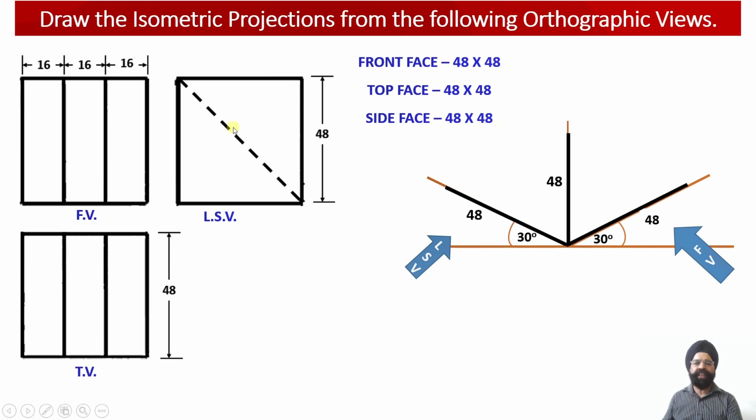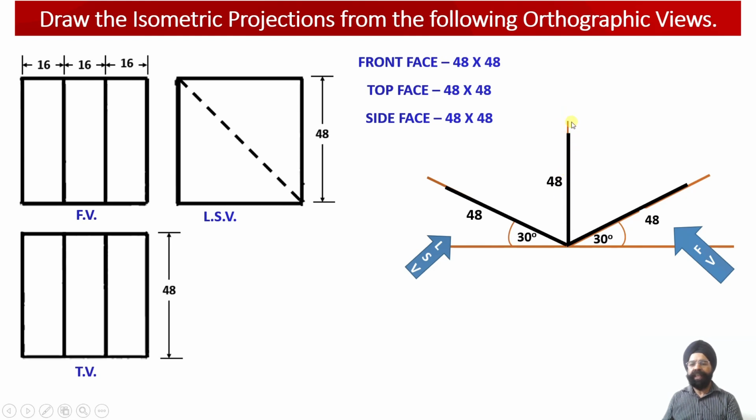Now since in this orthographic projection we have been provided with the left hand side view, which has been drawn on the right hand side of the front view, we have to observe the solid from the left side. So if we have to observe the left hand side view, the left side view will be drawn onto the XY plane over here.